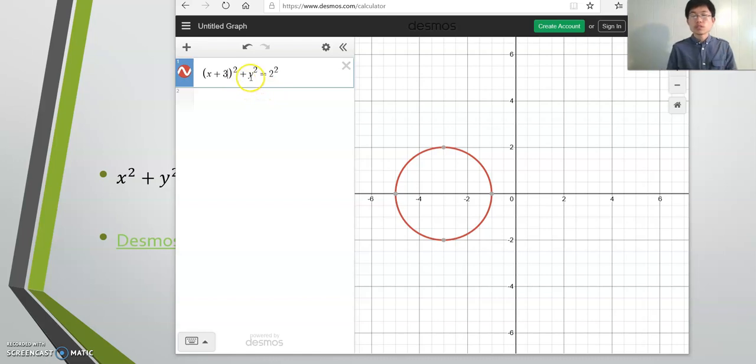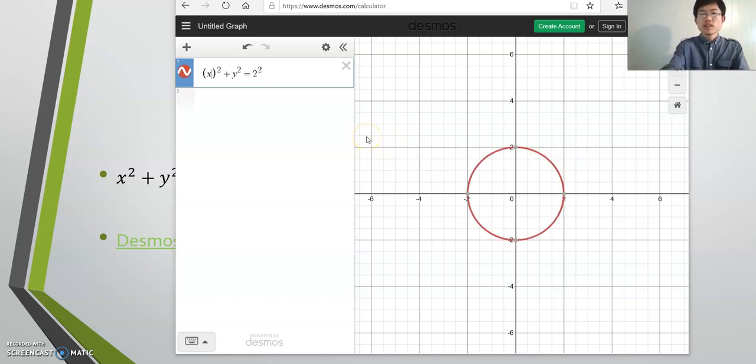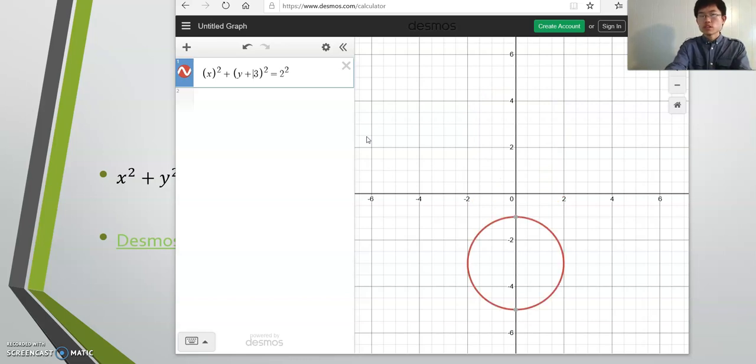If I put x plus 3 instead of x, the circle just moved the center to here, which is negative 3. If it was negative, it goes to the right. Now if you want to move up and down, you're going to change the y value. Y minus 3, you'll move up. Y plus 3, it's going to move down.